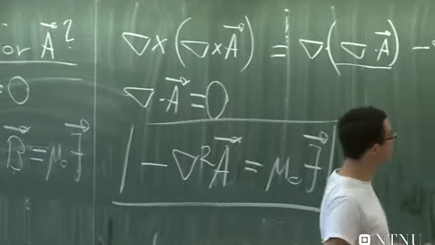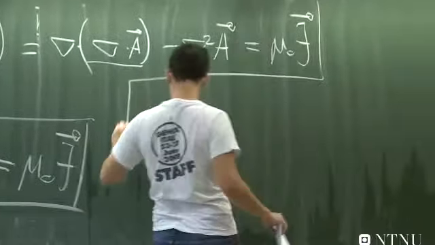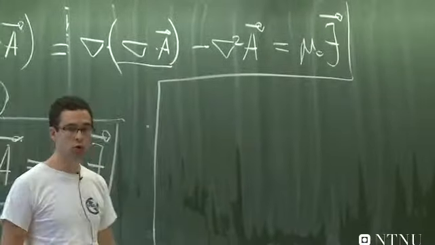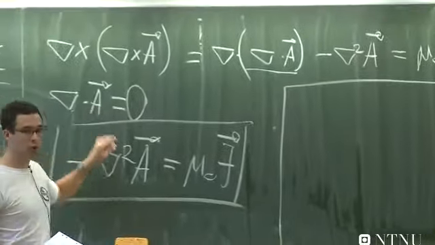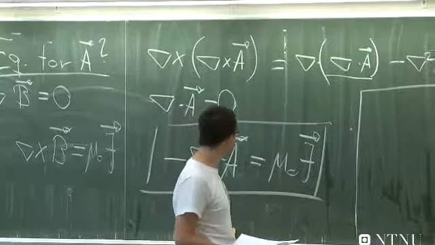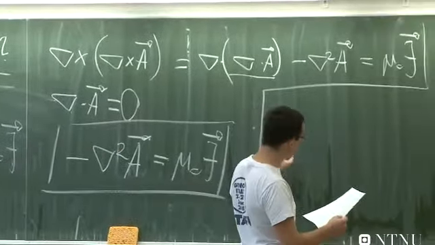Now, the next question is, of course, why can we choose the A field to have no divergence? It seems crazy, right?